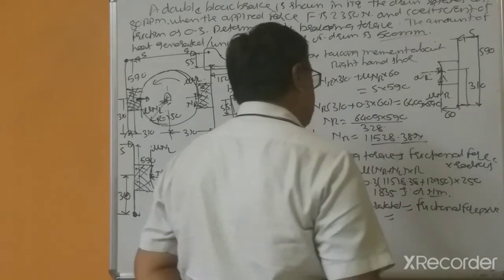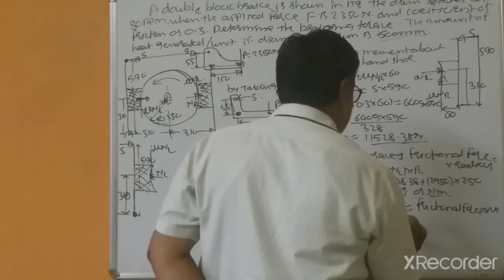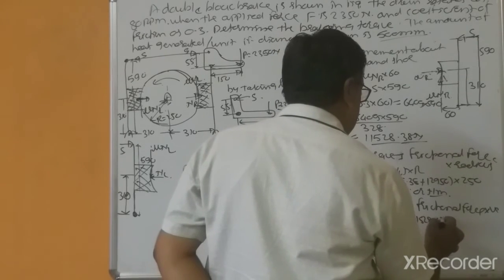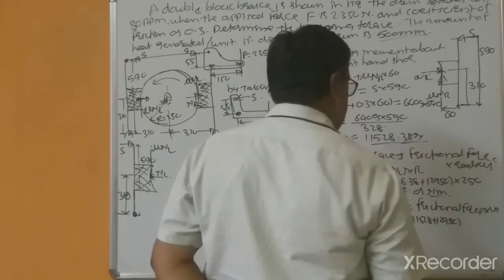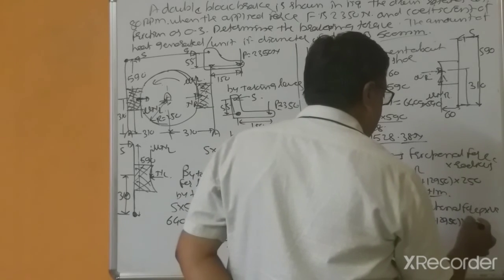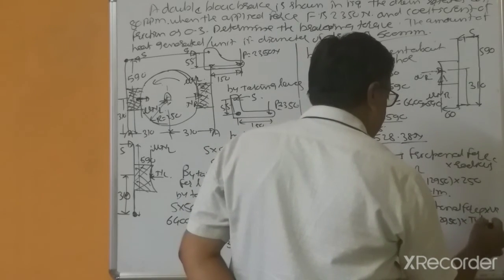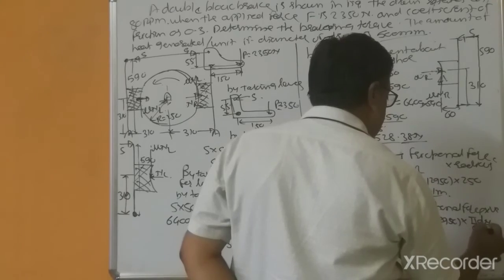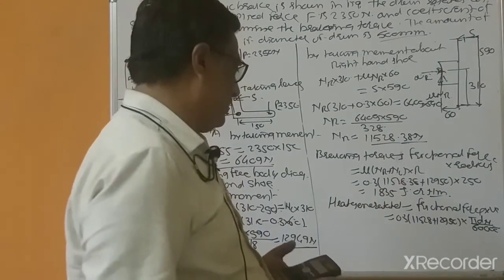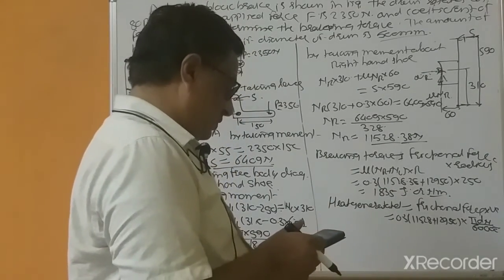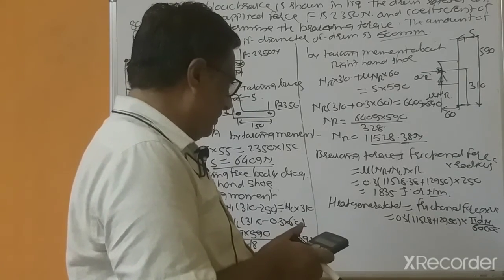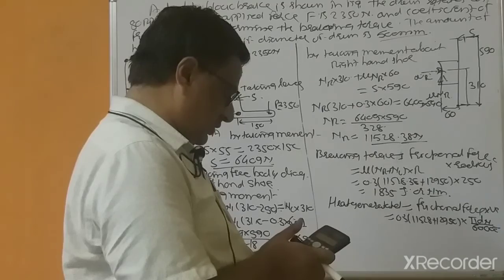So frictional force equal to 0.3 into 950, right, frictional force, velocity equal to, so you can consider this is pi DN divided by 60,000. So this is angular velocity. 11528 multiplied by, so this is 950.